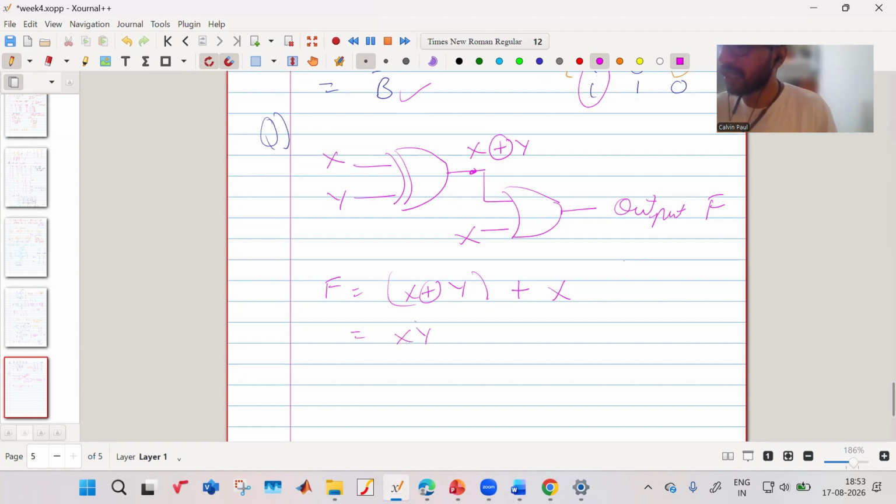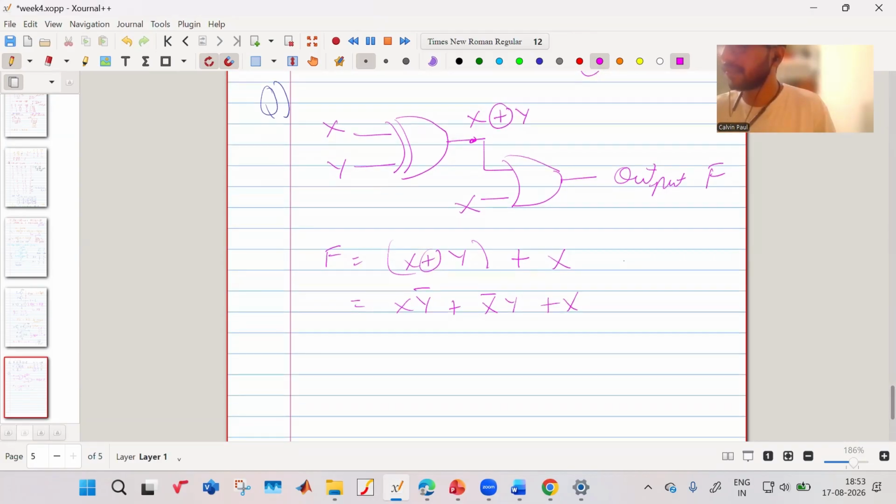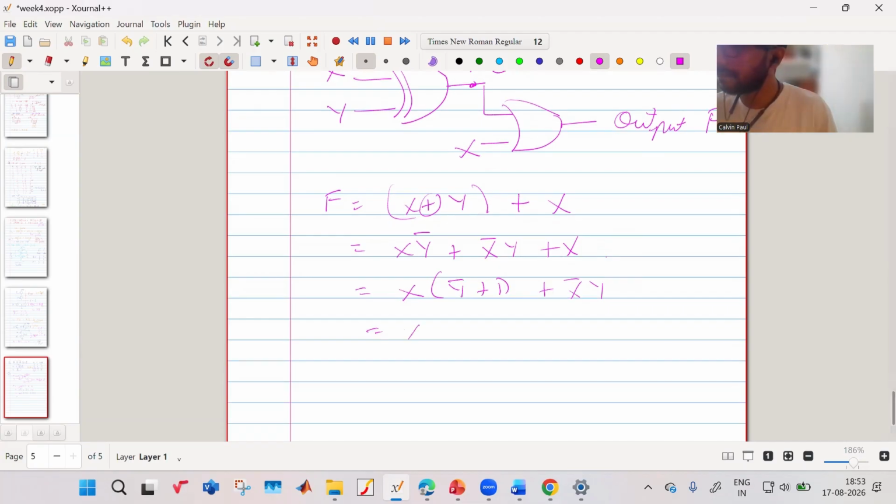That is X Y bar plus X bar Y plus X. Right? So you can take X common, that becomes X times (Y bar plus 1) plus X bar Y. What does that become equal to? X plus X bar Y.